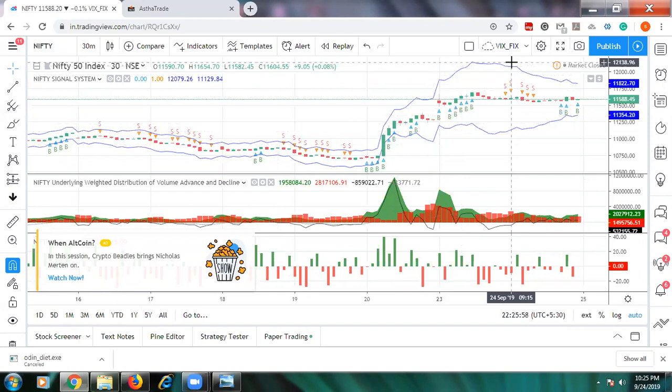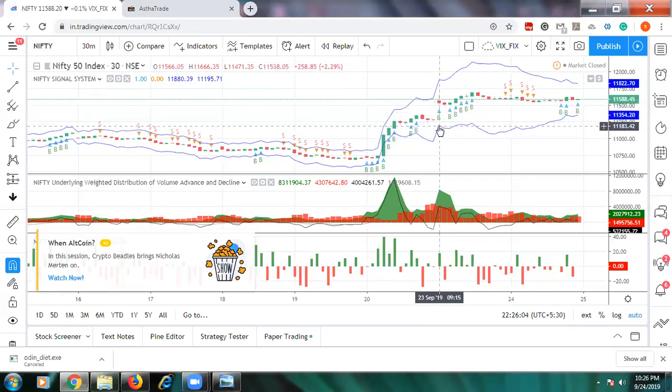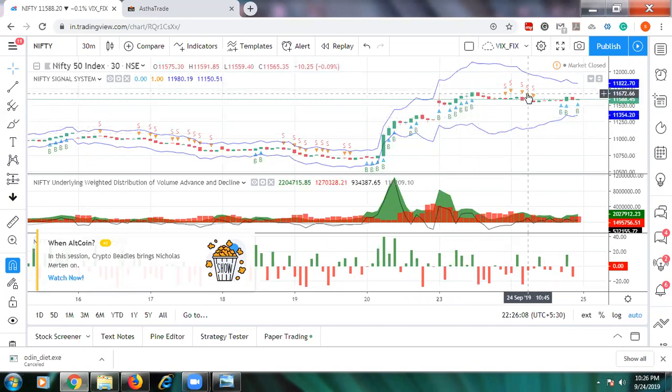It's very simple. I'm reiterating again. If you are seeing a buy signal, sell put options below the lower blue band. If you are seeing a sell signal, sell call options above the upper blue band. That's all, friends. It's very simple, and you can earn a very decent profit in the safest way possible.